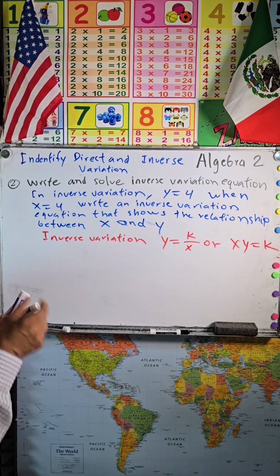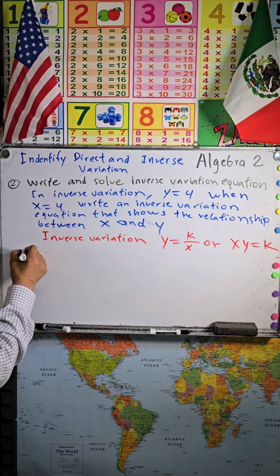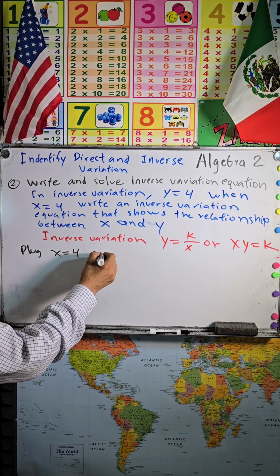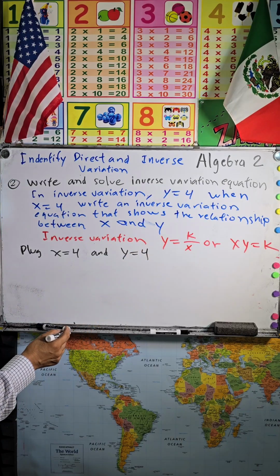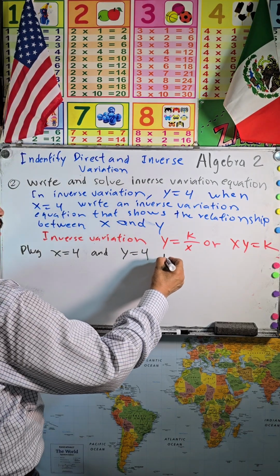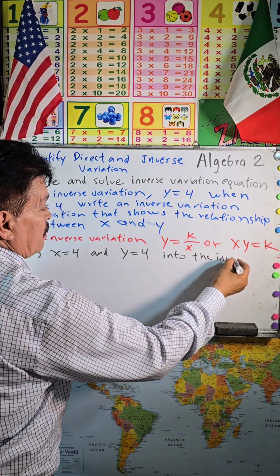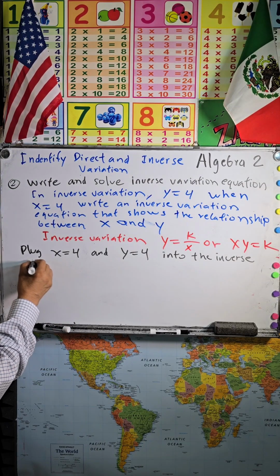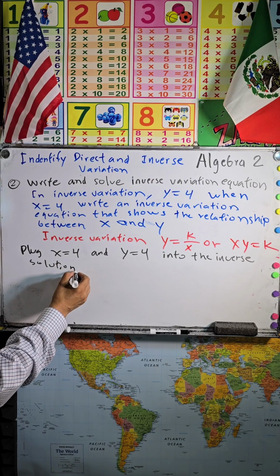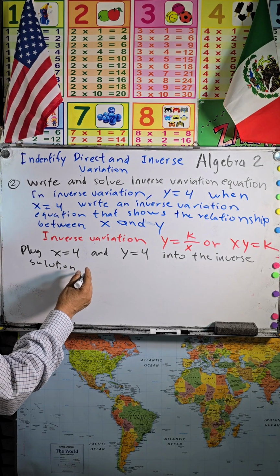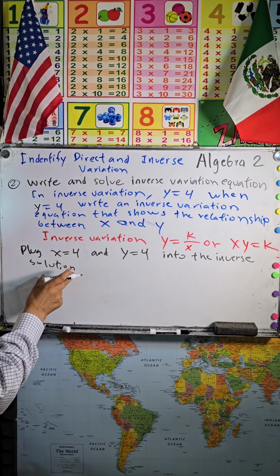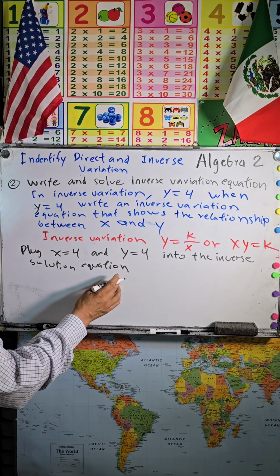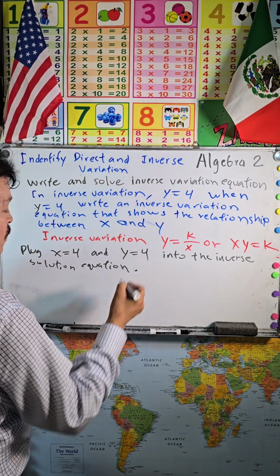So we have to plug in here x equals 4 and y equals 4, right? Into the inverse variation.